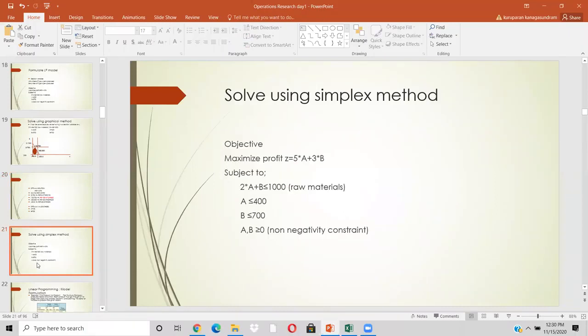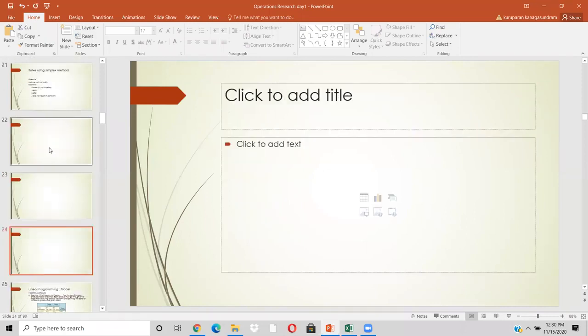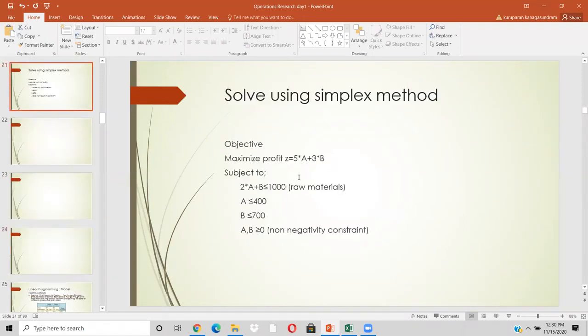We'll look at whether we can do it through the simplex method or not. We can't do this using the simplex method.